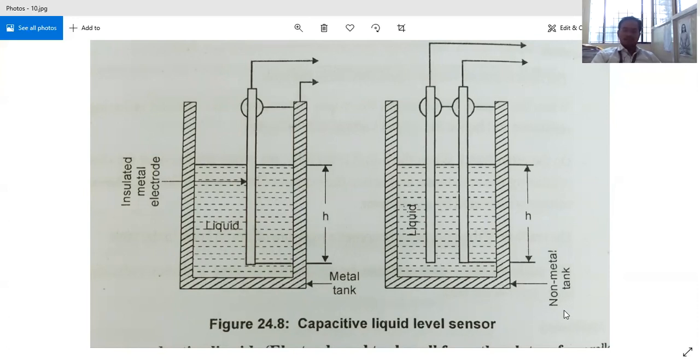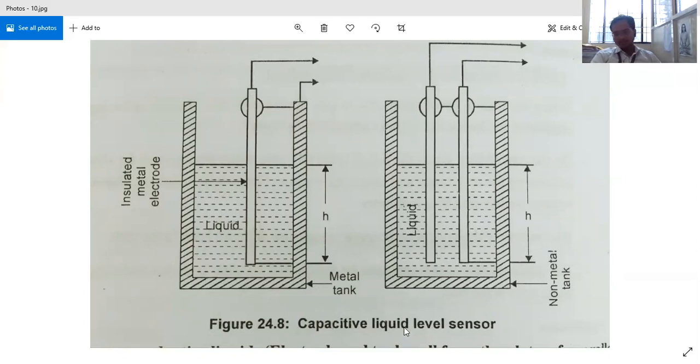Second type, a non-metallic tank. You have two capacitor plates, and the dielectric is in between these two. If the liquid level is increasing, the dielectric constant is also increasing, and this is given to the output value. In the metallic case, you have only a single plate. In the case of non-metallic, you have two plates, and the liquid in between.